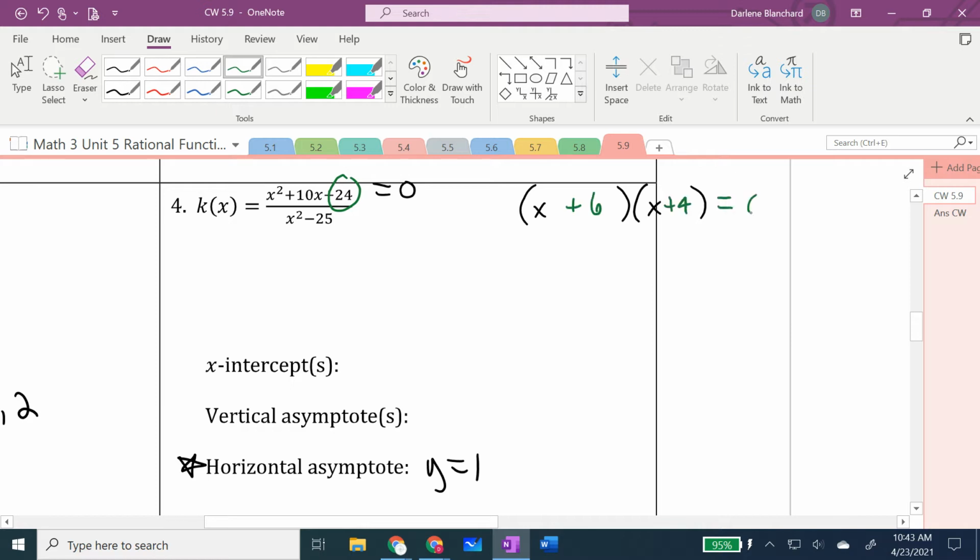But when you're solving for it equal to 0, you're looking at what you plug into X to make that factor equal 0. For the vertical asymptotes, what makes the denominator equal to 0? And you should see either by factoring or by adding 25 to the other side that it's plus or minus 5.